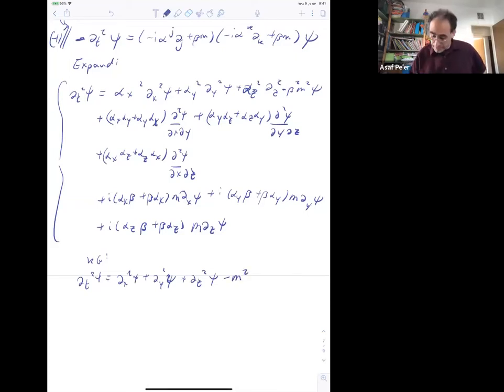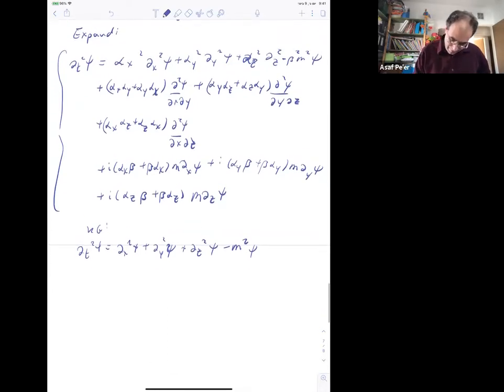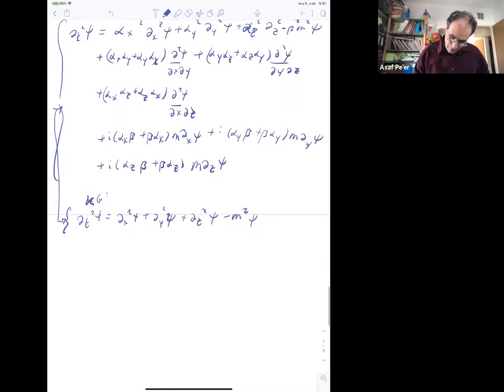I move the m squared. So I can get that. So these two are equal. The equations are equal.